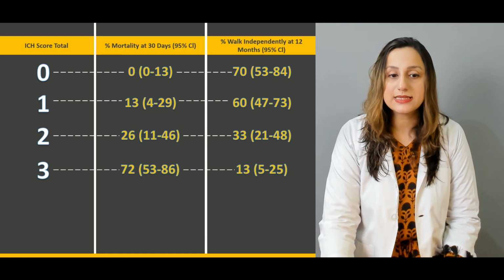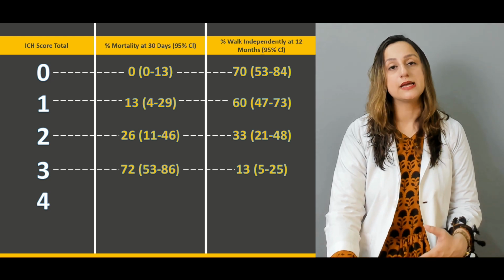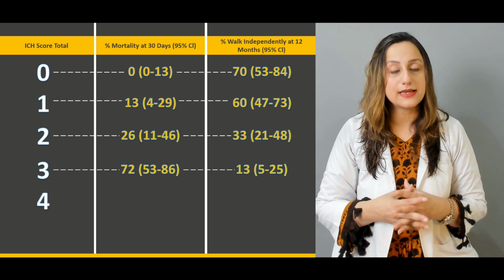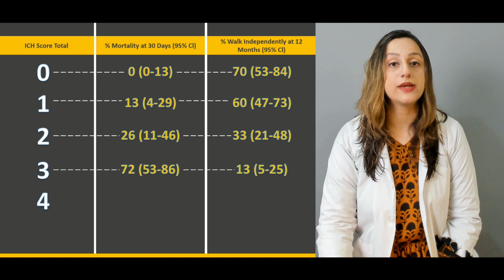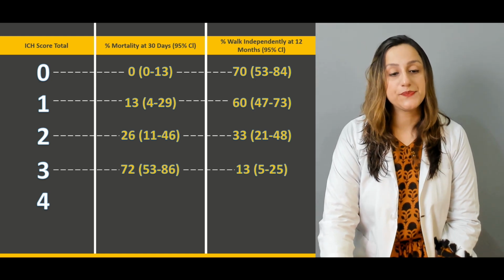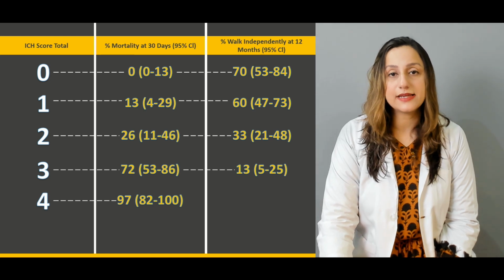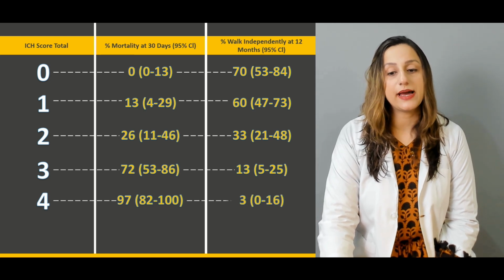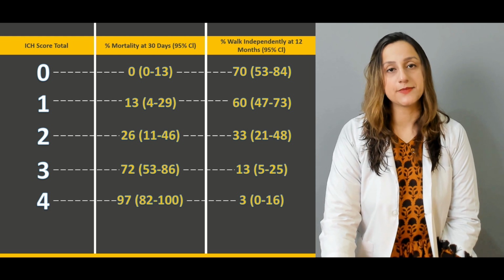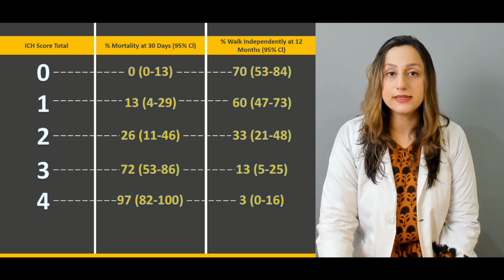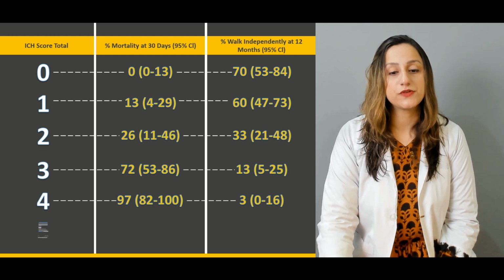As the score rises, the chances for the patient's mortality rise up, and the chances for him to get mobile lower down. A score of 4 basically suggests that 97% mortality is noted, and there are almost 3% chances for the patient to get mobile at a time period of 12 months.